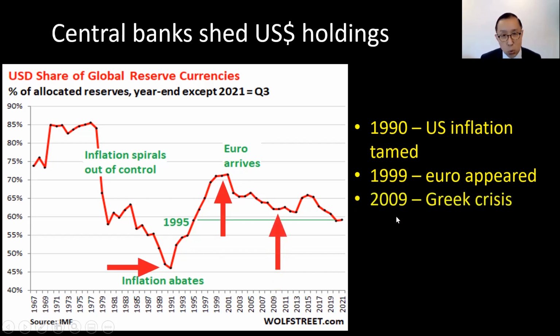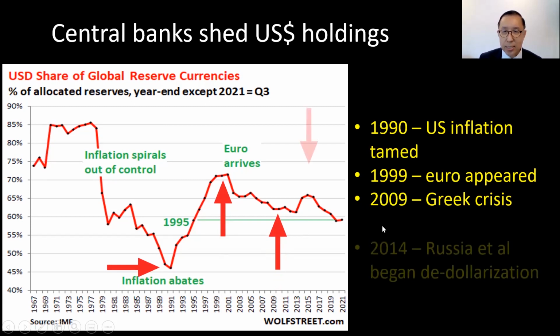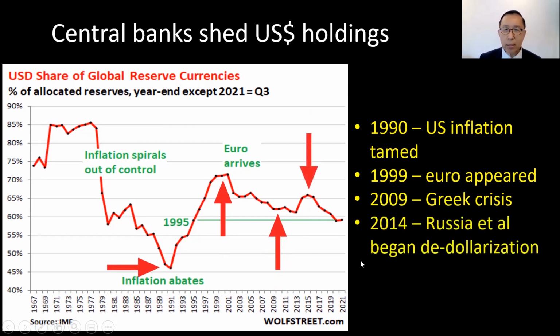But then in 2009, the Greek crisis happened. And that shook confidence in the euro. Again, the US dollar share rose until 2014, when Russia invaded, or some people say liberated Crimea, and sanctions were imposed on Russia. And since 2014, Russia, Iran, and China began to de-dollarize.